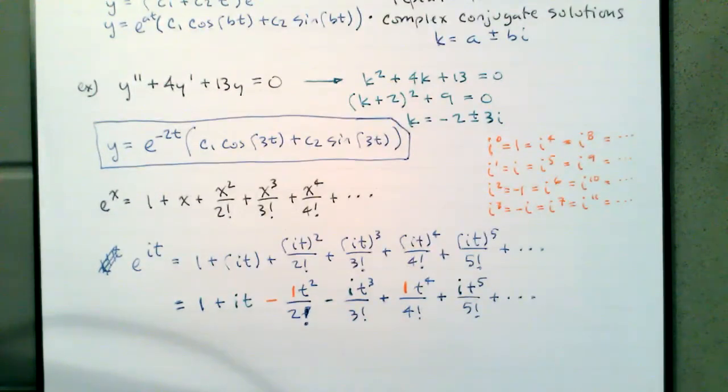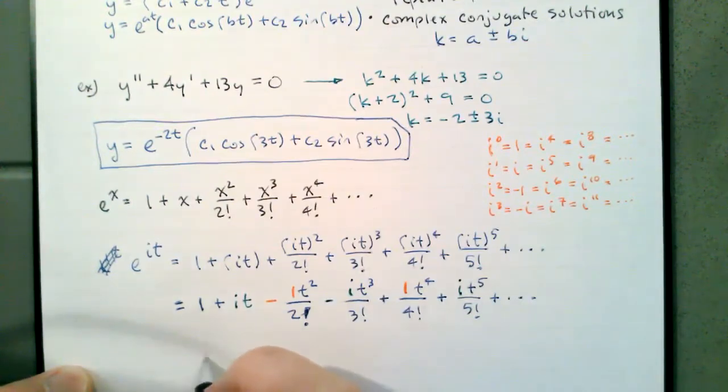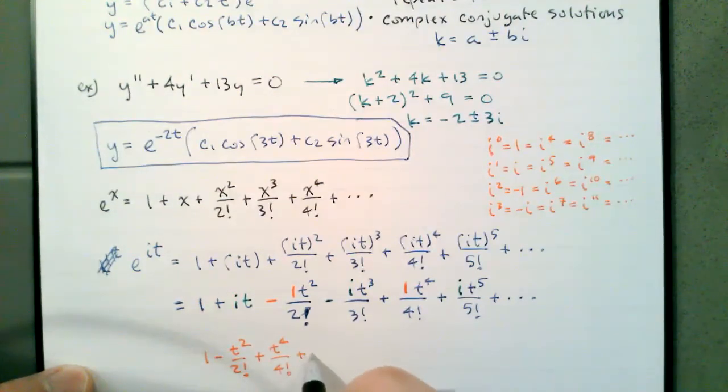So if we look at how things are being separated, I've got a real part and an imaginary part. I've got a real part with 1 minus t squared over 2 factorial plus t to the fourth over 4 factorial. All the even-powered ones are going to be real. So if I gather up my terms, I've got 1 minus t squared over 2 factorial plus t to the fourth over 4 factorial, and so on.